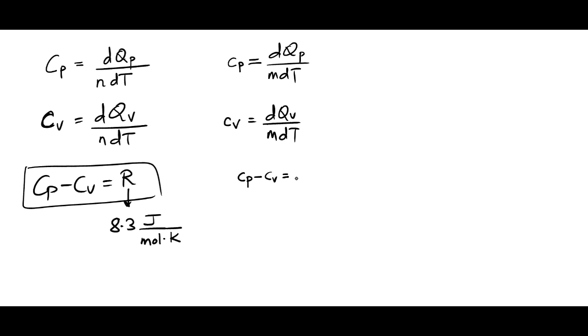I'll explain that in a moment, but the symbol is small r, and the units of small r are obviously going to be the same units as cp and cv. So it's going to be joule per kilogram Kelvin. So what is this small r exactly? It's not going to be used very often, but you should just know what it means.